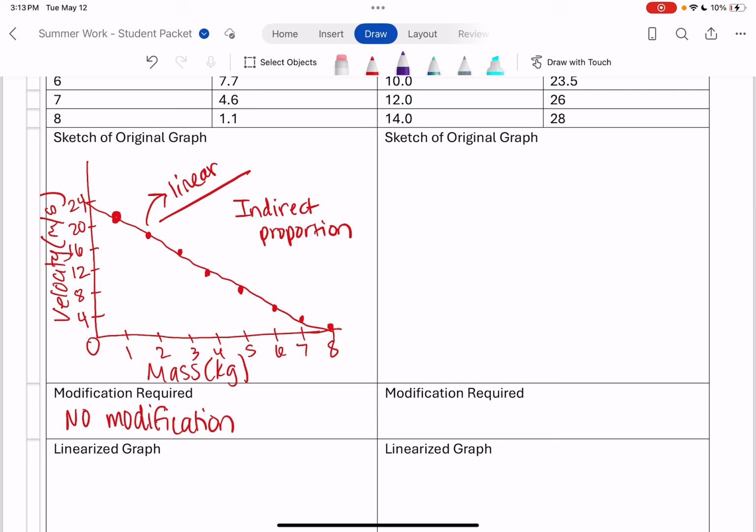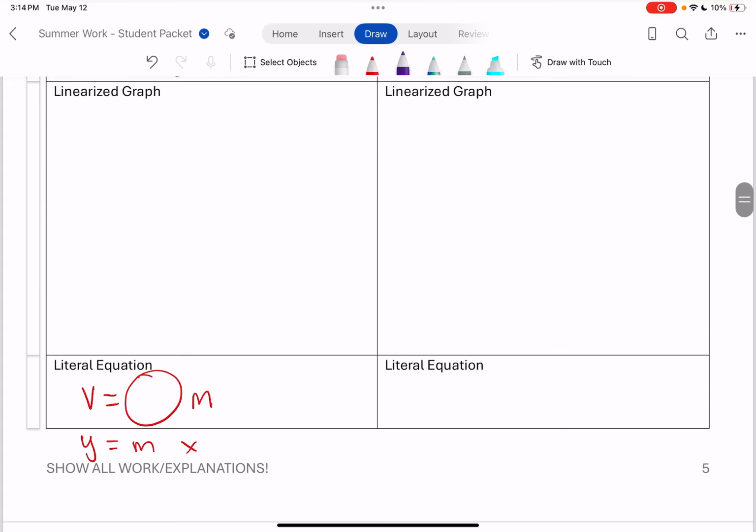My line of best fit, I'm going to say that this point is on my trend line and this point is on my trend line. So my slope is negative 24 over 8. That's negative 3. So my equation would be V equals negative 3 times the mass. There was no modification.